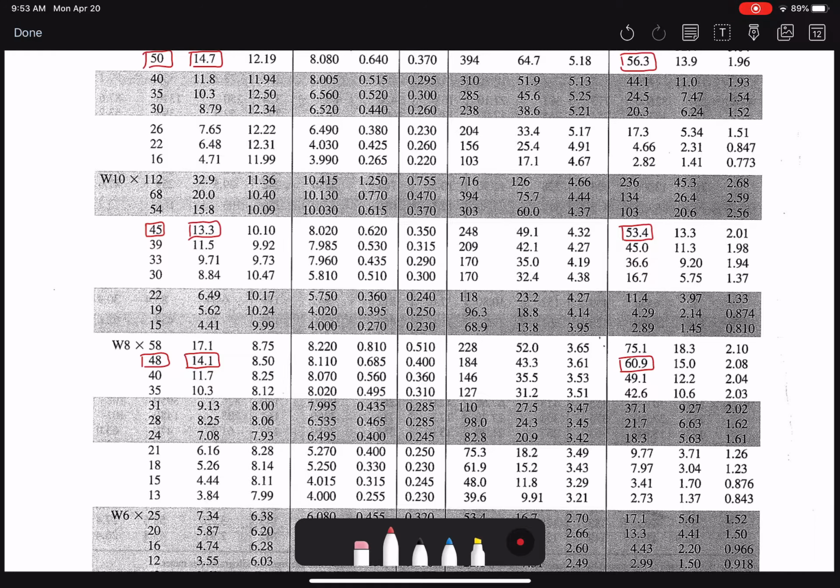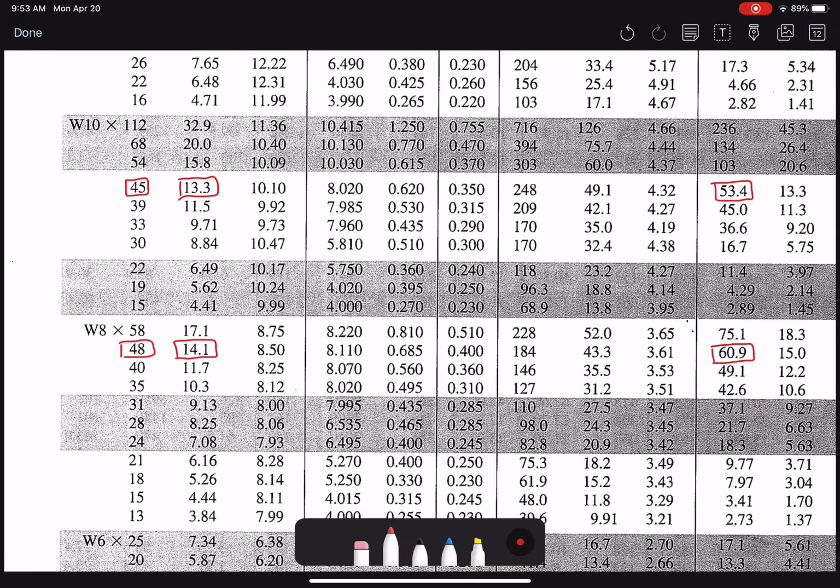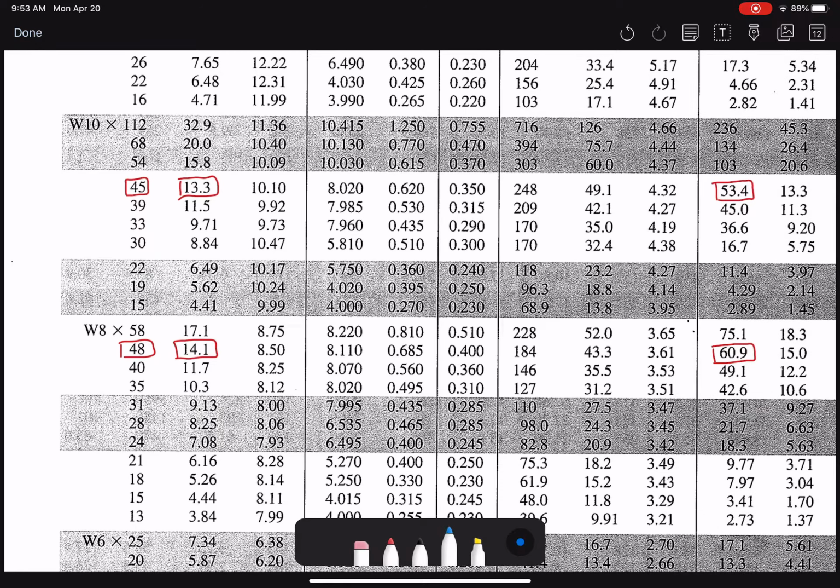For example, W8 by 40, and you can see the area is 11.7, which is greater than 5.21 inch square, but the area moment of inertia is only 49.1. We need at least 50.3. So that's why we don't go down further in that area.